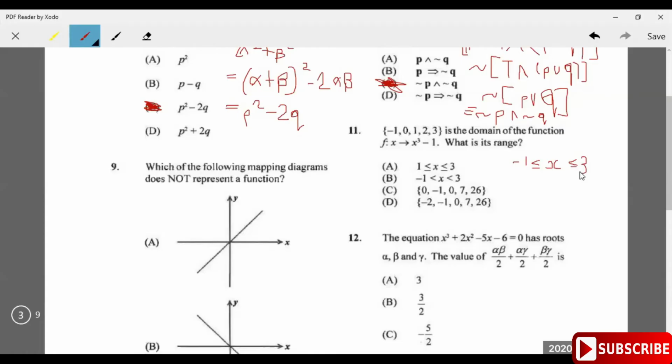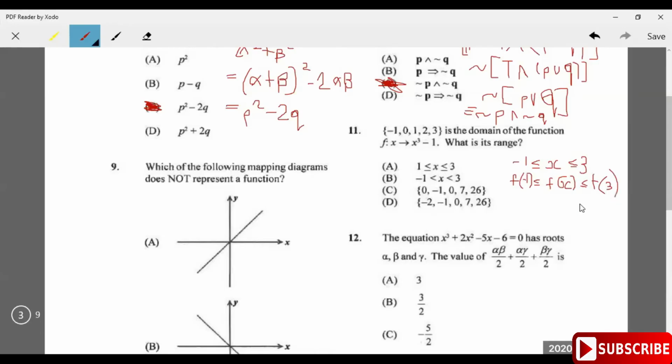And then it wants to know what is the range. The range is where f of x is in between. f of x is going to be in between f of -1 and f of 3. That's what f of x is going to be between.